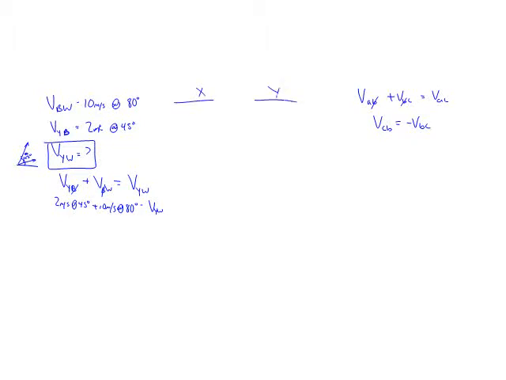So x for the first one is going to be 2 cosine 45 i hat plus 2 sine 45 j hat. And then our other one is 10 cosine 80 i hat plus 10 sine 80 j hat.